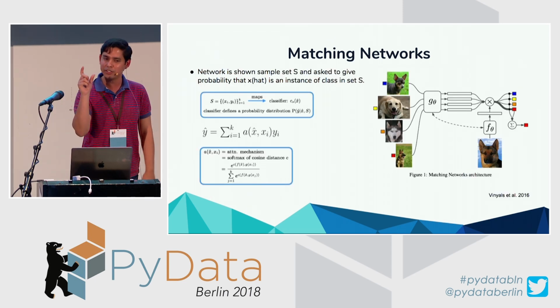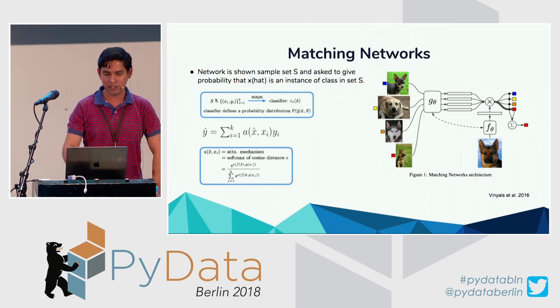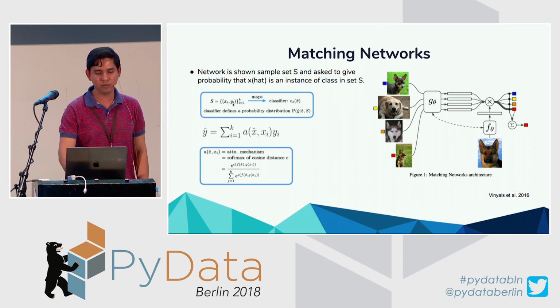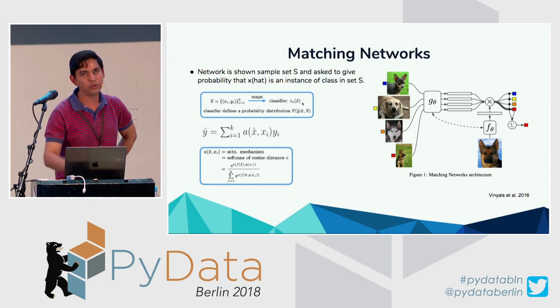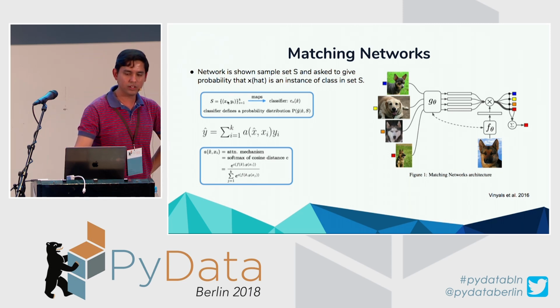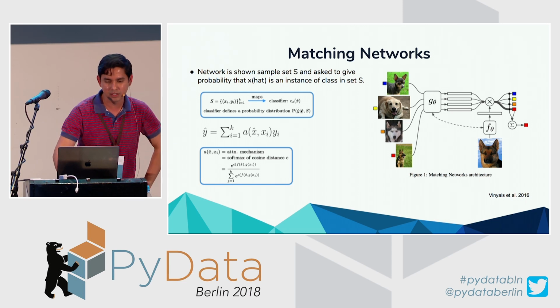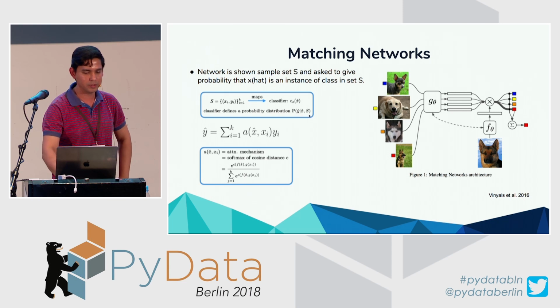So a bit of maths here. What is a sample? Sample is a set of images that you see, X and Y. You have some images, and you have some target values. What you need to do is make a classifier for a new image that should have a class label from one of these sample images. So give a classifier which defines a probability distribution, P, for a target Y for a test image, where Y is present in the sample data set.